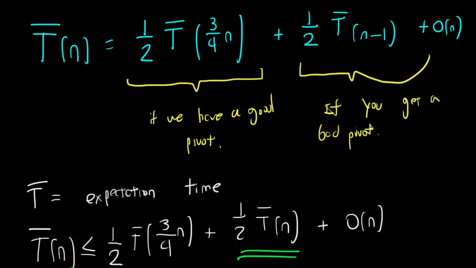If we can't write an actual thing straight up, we want an upper bound, which is the worst case time, which is what we have right over here. We have these two scenarios. They will occur 50% of the time each, which is why we have the 1 over 2 and the 1 over 2. The one on the left, the good pivot, tells us that in the worst case we are going to have 75% of our data to deal with, which is not that bad. It's not the best, but it's not that bad.